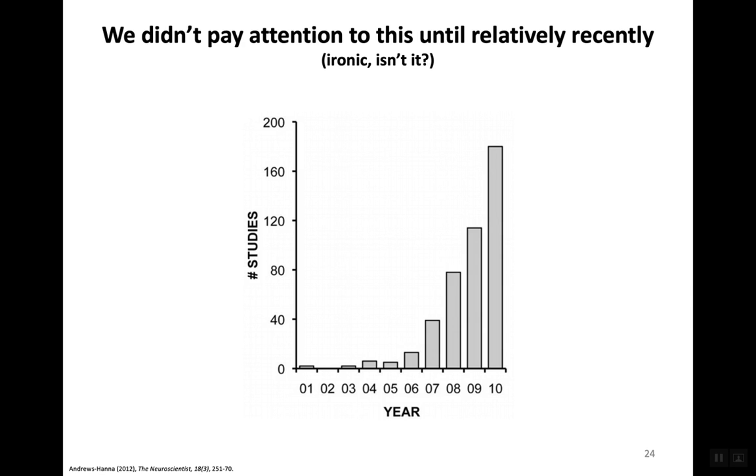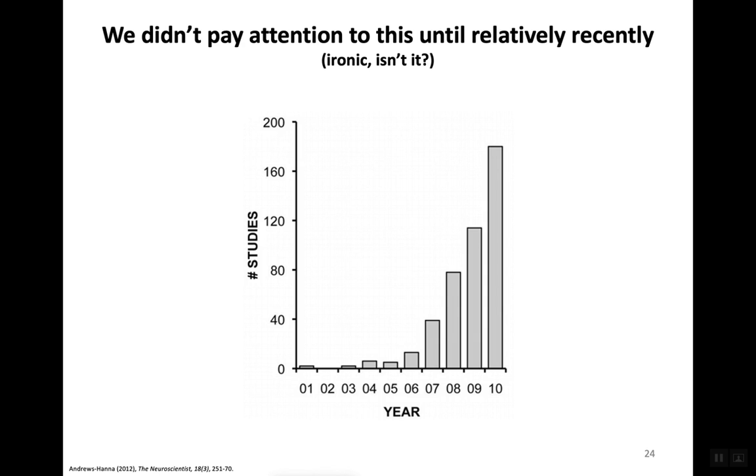So I would just note that it is quite ironic that we failed to pay attention to the default network until relatively recently, despite the fact that it is by and large one of the most actively used networks in our daily life when it comes to talking about neural resources.